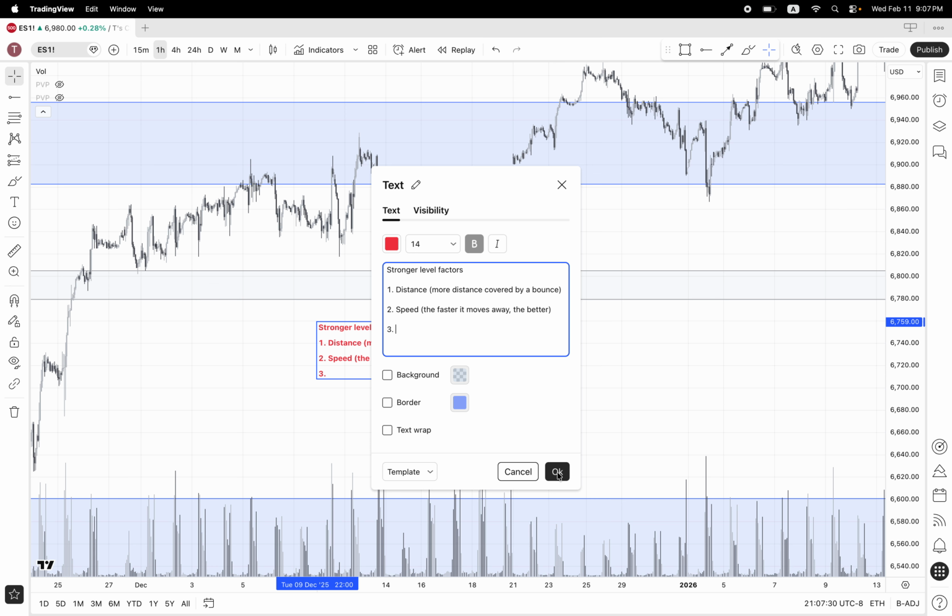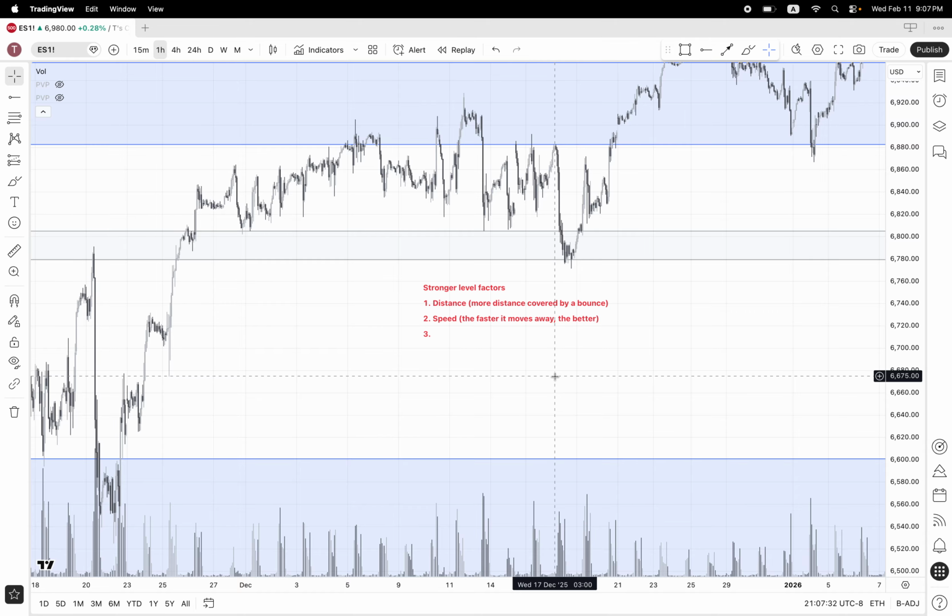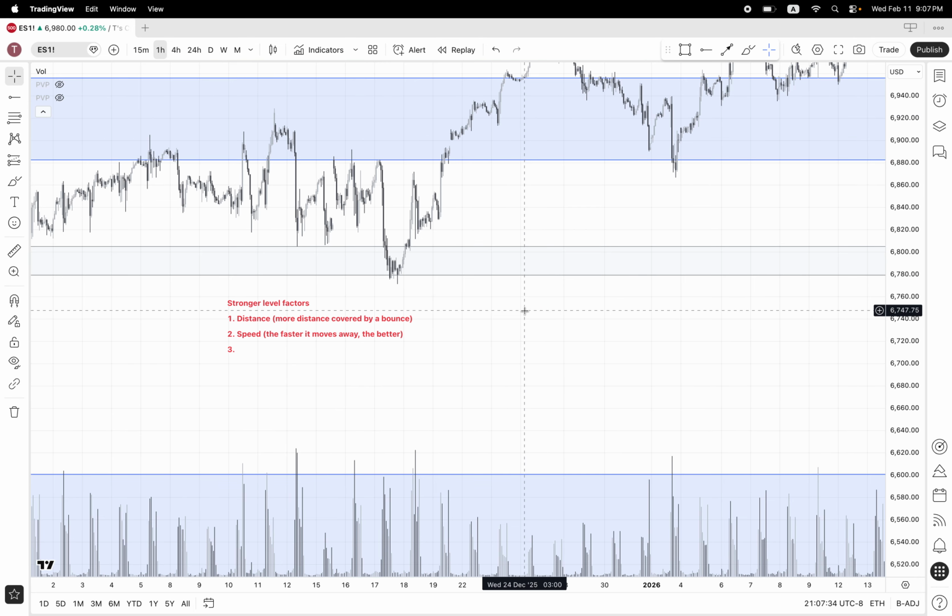And then the third one is, oh, and also one thing I forgot: with speed, it also matters the nature in which the price comes to the level.